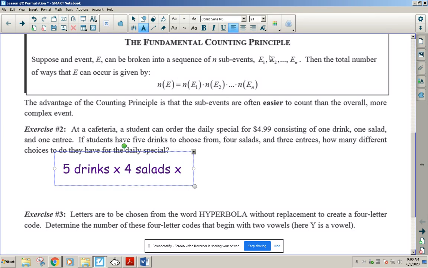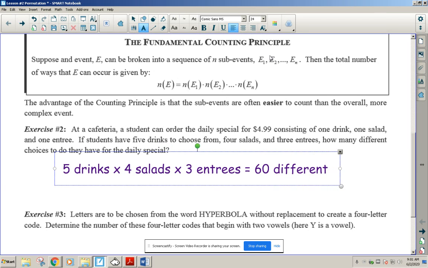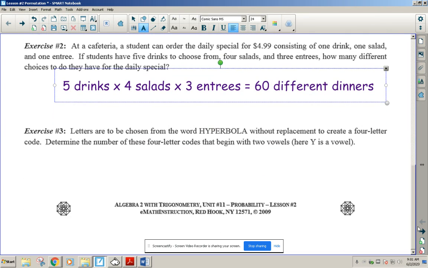And then we have 3 entrees. Well, I multiply all of these together. 5 times 4 is 20, 20 times 3. That means there are 60 different dinners that can be formed. So there's 60 different ways you can put together what you want to eat in this cafeteria. Let's do another example.